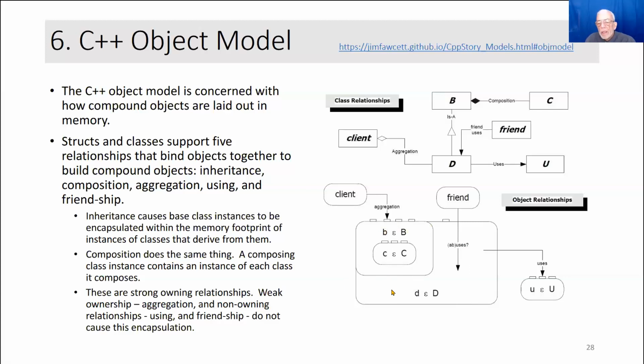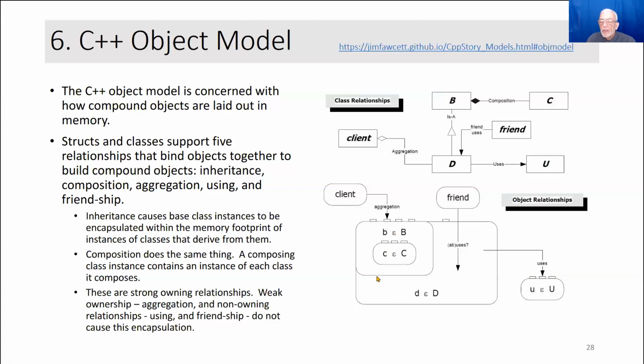And so D's constructor, whatever constructor of D we're calling, as its first act, calls a constructor for B. And as the first act of B's constructor, it calls a constructor on C. Now, D can specify which of B's constructors it wants to call. B can specify which of C's constructors it wants to call.